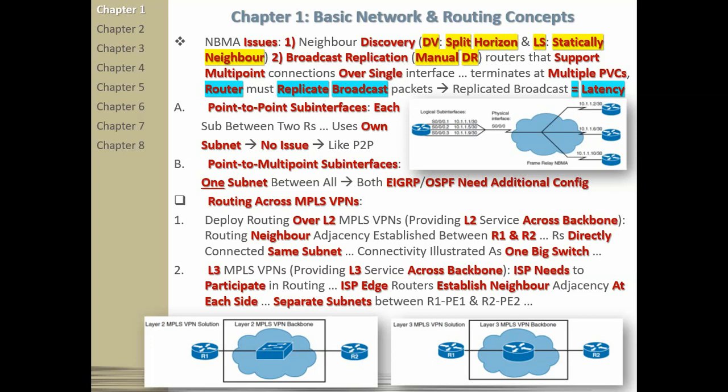We have routing across MPLS VPNs, with two famous scenarios: one whereby the ISP cloud in the middle provides only a layer 2 service across the backbone, and secondly, one whereby the ISP cloud provides a layer 3 service across the backbone.